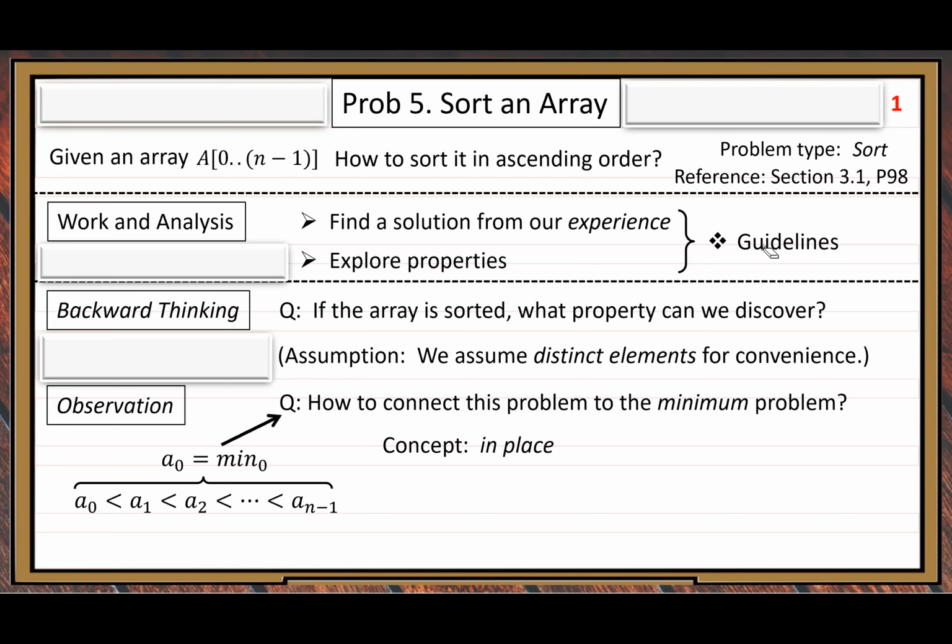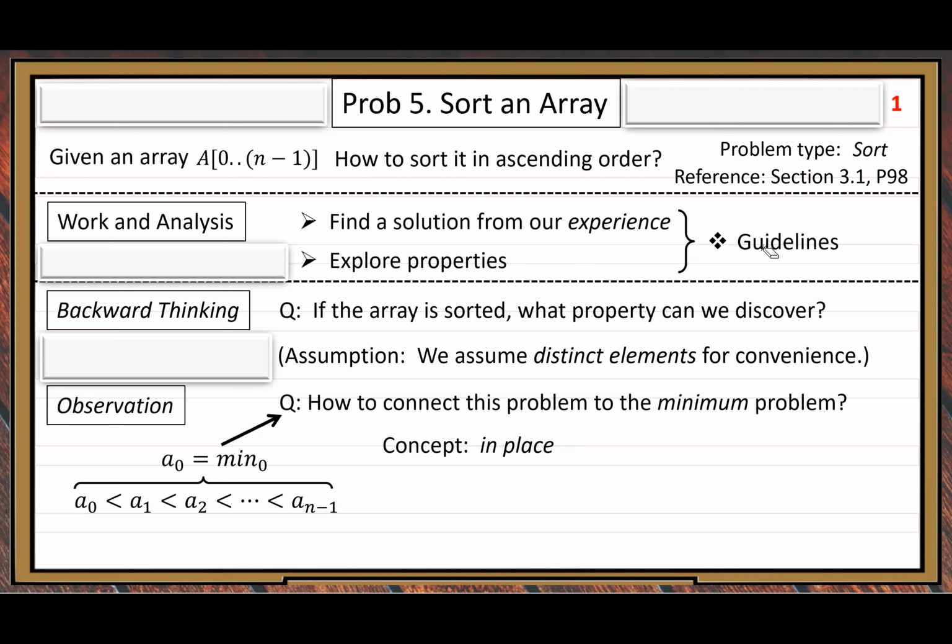With this concept, can we say this? Given an original array, can we apply our minimum problem solution on the original array? Yes, we can apply it, and we will get a solution. Here you use that comparison detail. After we get that solution, can we put it in place? In the destination array, we just grab that solution and put it in place.